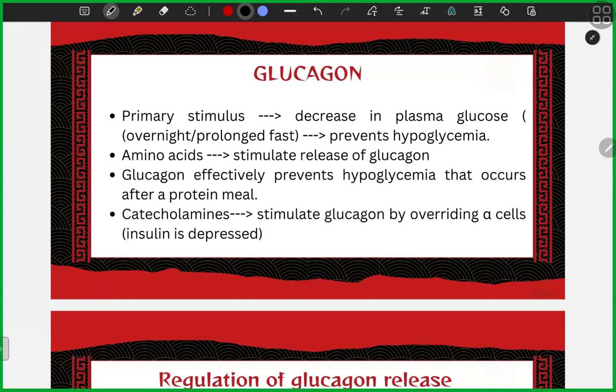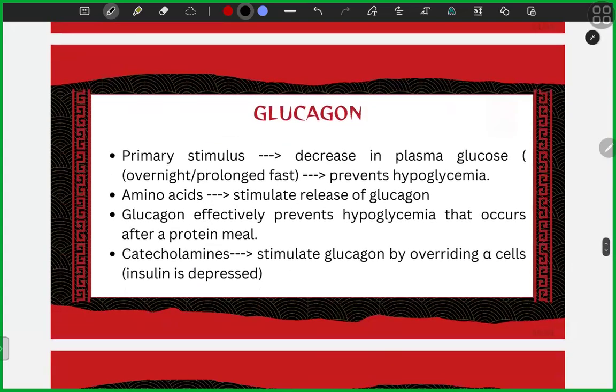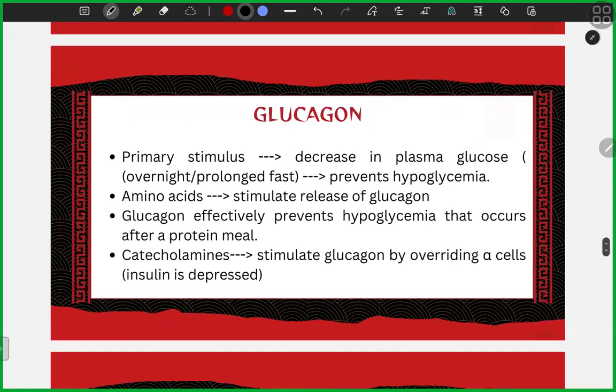Your body has stored glucose from your previous meals, so glucagon is going to go to the liver, its primary target, and start breaking down these stores so they can be released to the blood. This prevents hypoglycemia. Hypo means less, glycemia is sugar, basically.